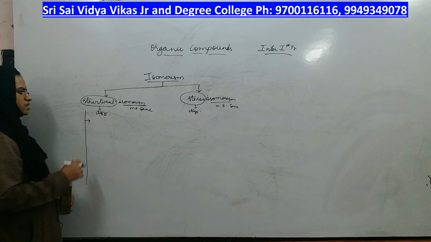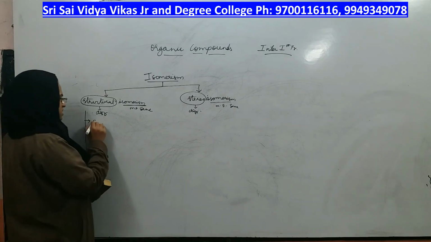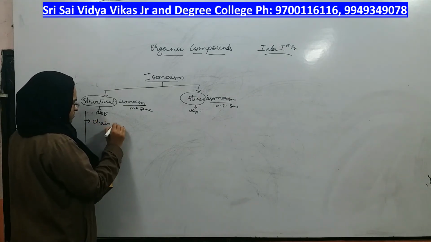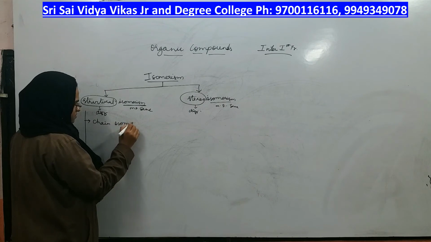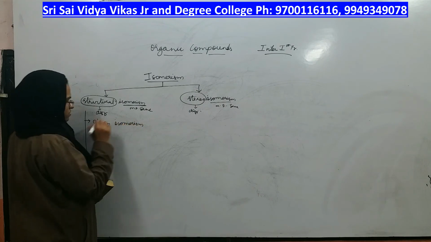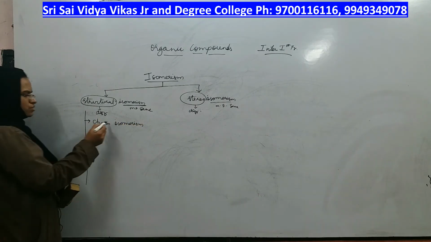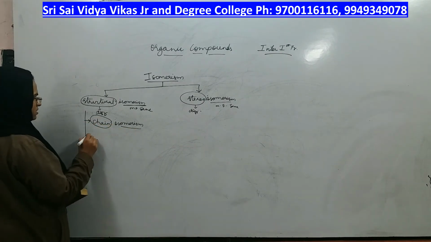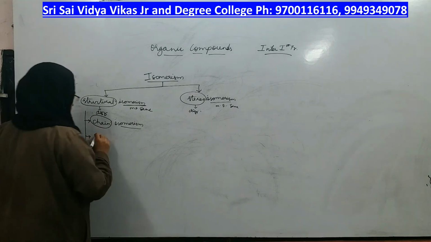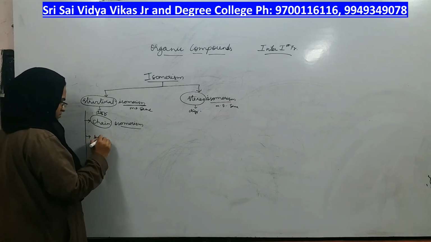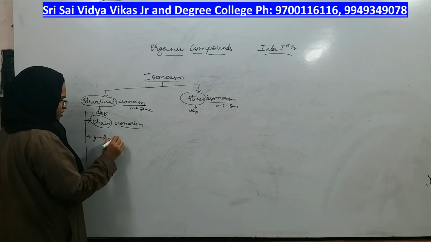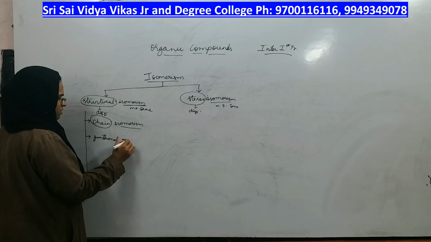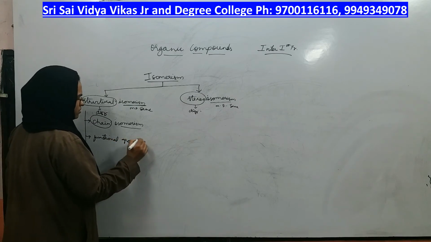First type of structural isomerism is chain isomerism. And in this also, this is circled, this is underlined. Second type of isomerism is functional group isomerism.